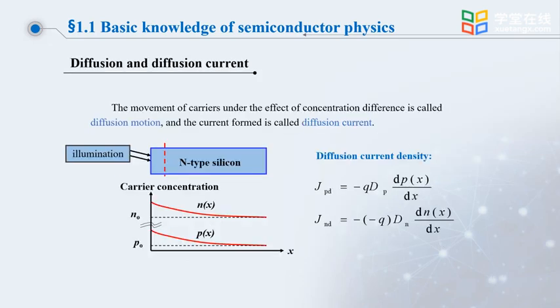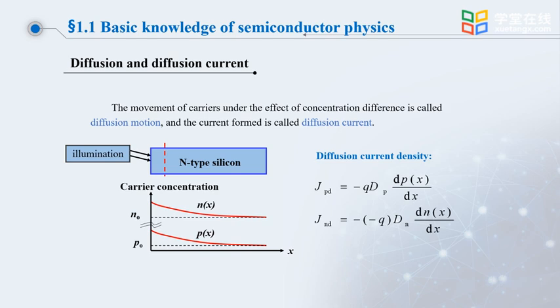Now we are going to talk about another kind of movement, which is diffusion. It is a characteristic motion in semiconductors. Let's look at the graph below. Let's assume that we have an N-type silicon wafer, and we shine some light on one of its locations. Let's assume that the dotted line is an interface. On the left and right of the interface, the carrier concentration will be different. Under the illumination of light, the carrier concentration here is higher and higher, and here the carrier concentration is lower.